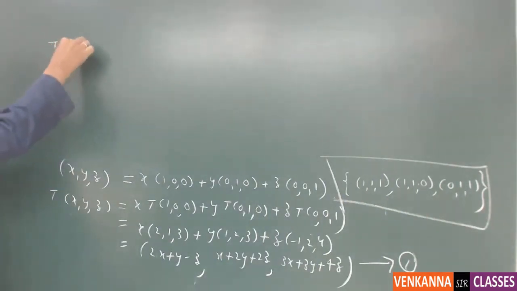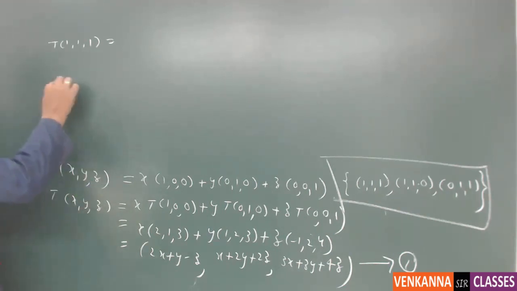So T of 1, 1, 1, you can correct me if I go wrong for the images part. And before that, I want to write a linear combination for you too. So let us write a linear combination.